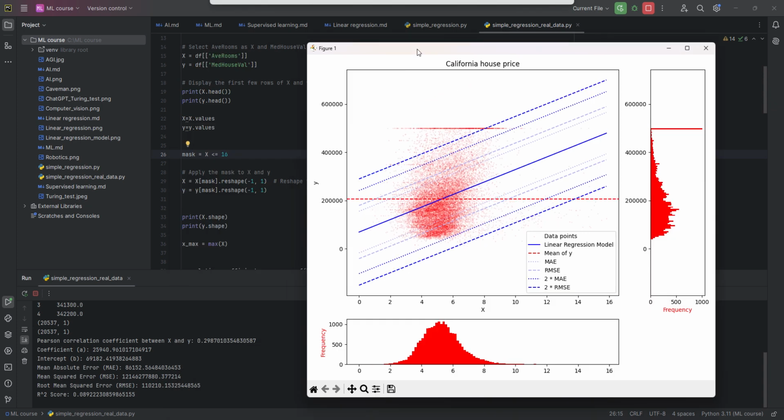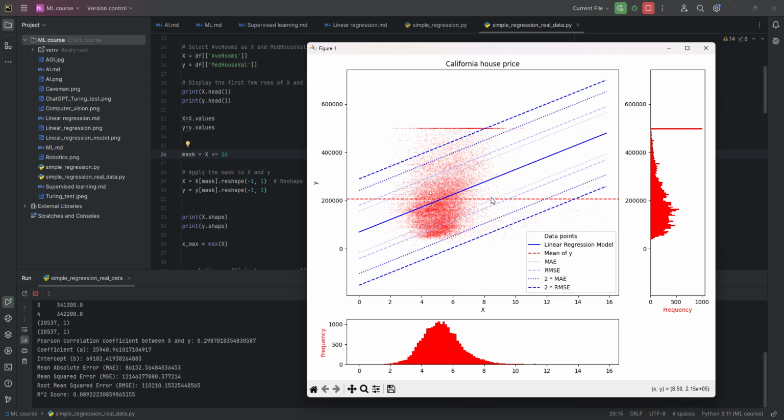And if you look at the numbers here, the correlation is much lower than before, and the MAE increased to $86,000, and the RMSE to 210,000.